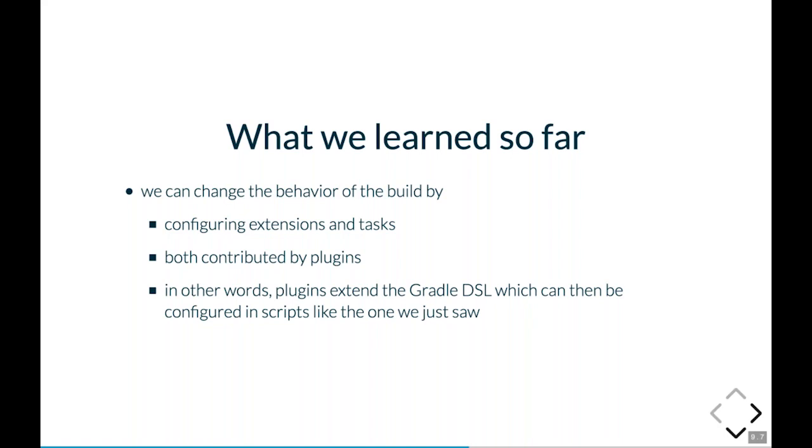And you can also configure extensions, which are more like high-level constructs. Like the application plugin has this application extension where we set the JVM arguments, and we saw that it influenced several tasks, like the run task and the task to create the application scripts and so on.